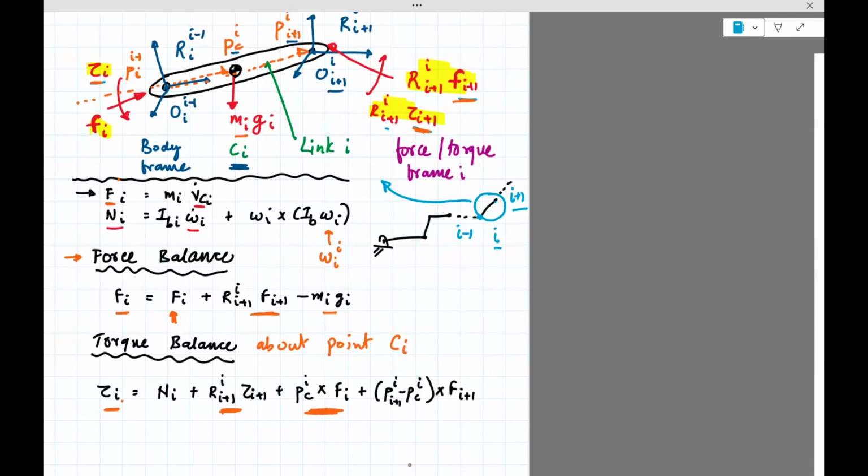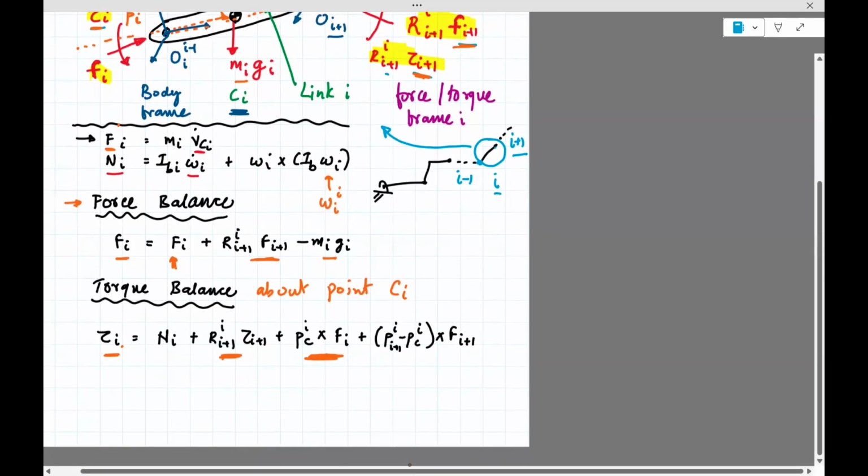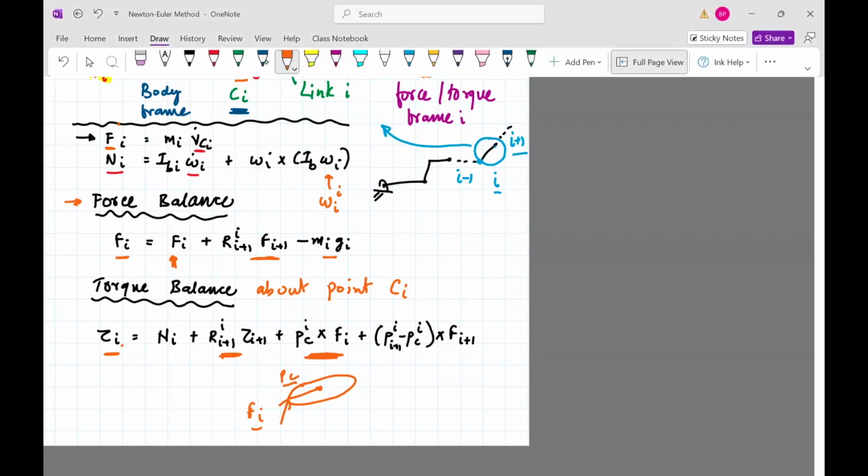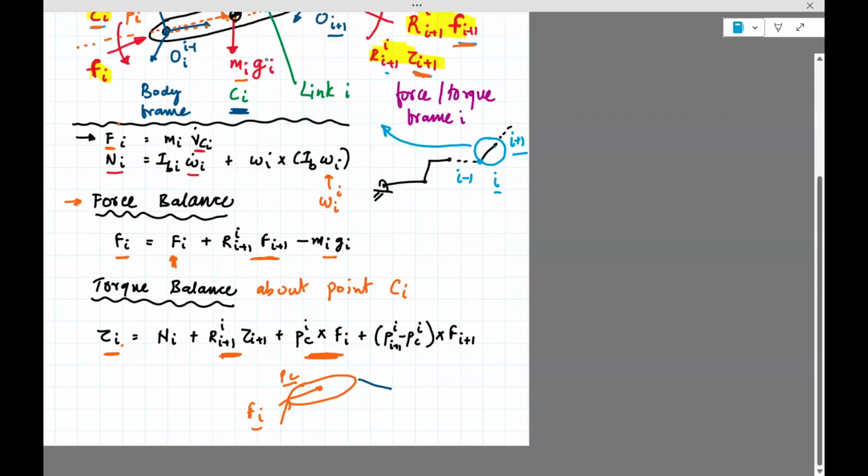Those two are fine, but this comes from the fact that this is Pc, this is Fi. So this part comes because you need to do the cross product of Pc times Fi, so moment about C. And then the other part, we have Ri plus 1 i, Fi plus 1, and then we need this distance.